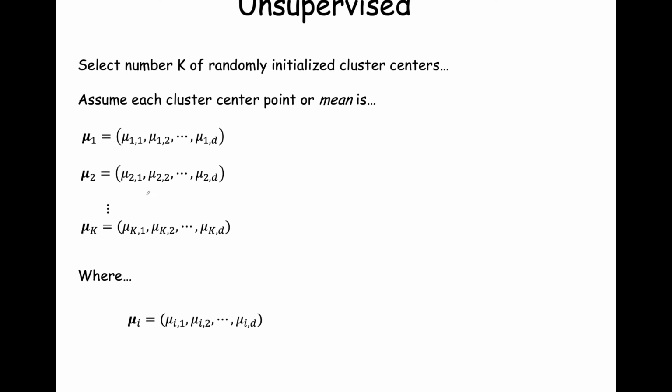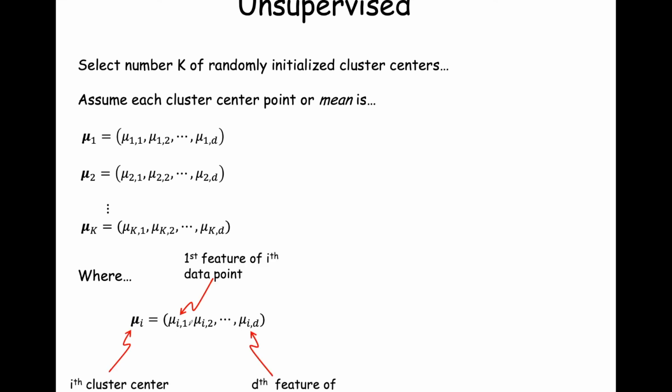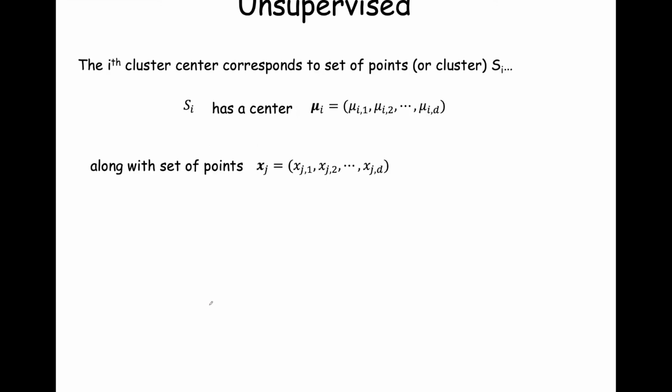And so here, in general form, we have the ith cluster center, mu sub i, is mu sub i1 for the first feature, up to and including mu sub id for the dth feature. And this is only for the points within the ith cluster. And so the ith cluster center is going to be the representative of the ith cluster.